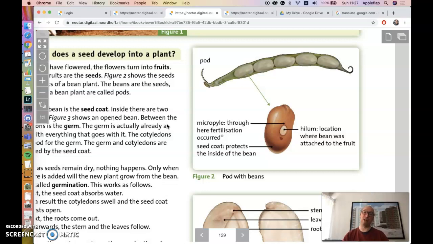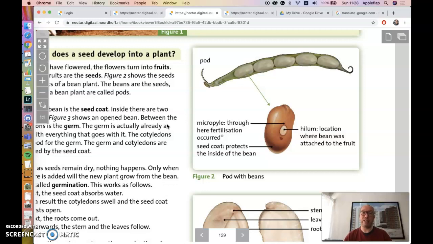We were once attached to our mums via the placenta, and on the belly button was your umbilical cord. Well, those seeds were also attached to the mother plant, and that was with the hilum. And the micropyle, that is the tube where the fertilization occurred, and later on where some water enters the bean.